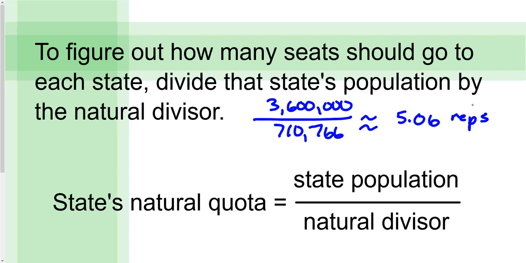Okay, so what we're going to do is we're going to have to do this for each and every state. Good news is you're never going to do this for all 51 entities in the United States of America. That's just not going to happen. And yes, I said 51 and not 50, and that's because in terms of the Electoral College, the District of Columbia does have a say in that, and so they are apportioned for that one instance.